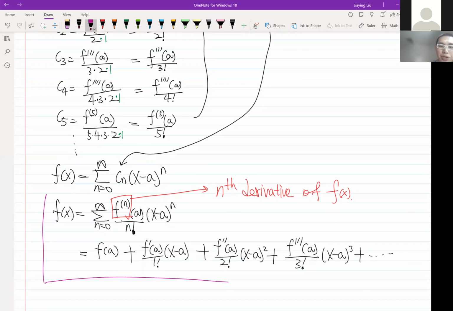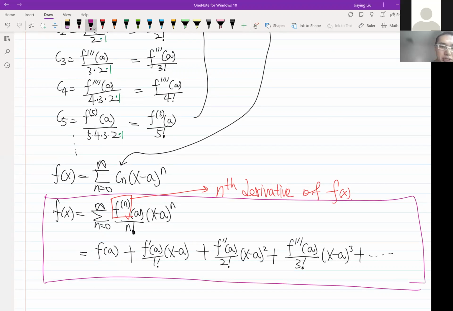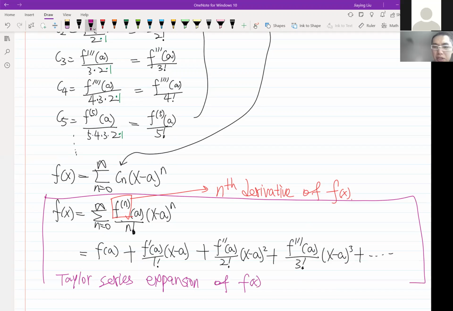And this is what we call the Taylor series expansion of f of x at x equals a. So we expand the function at a given x value a.